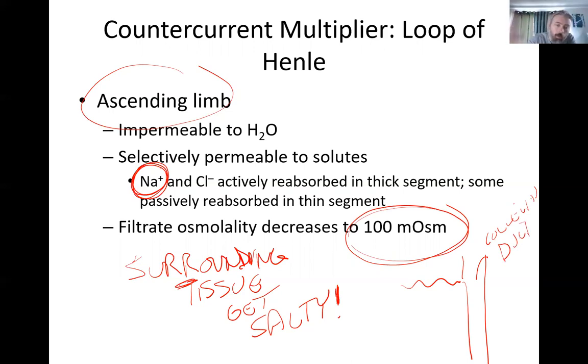The fluid passes down, and as it passes down, all of that salt is pulling water out. Because we made this tissue salty, it pulls water out of the collecting duct and it concentrates the urine. That's the final step. And again, if you saw the videos, that part becomes clear there.